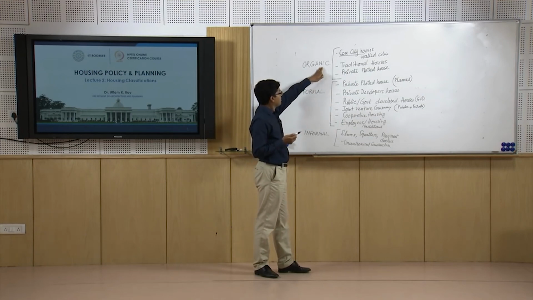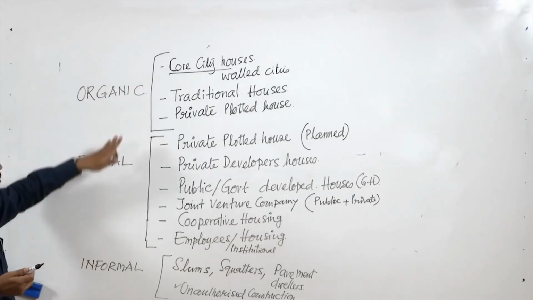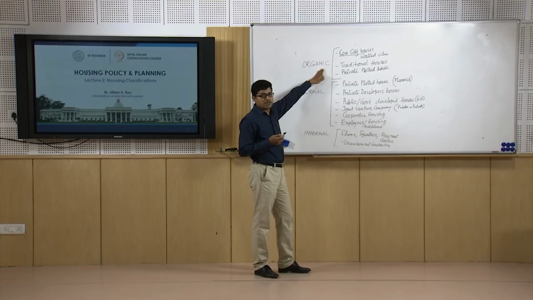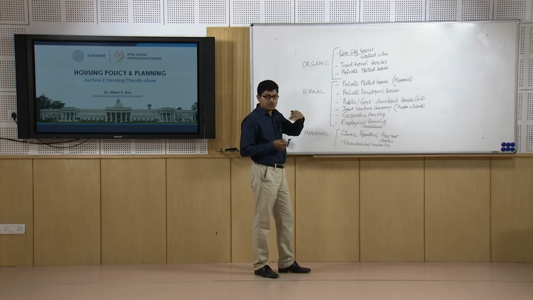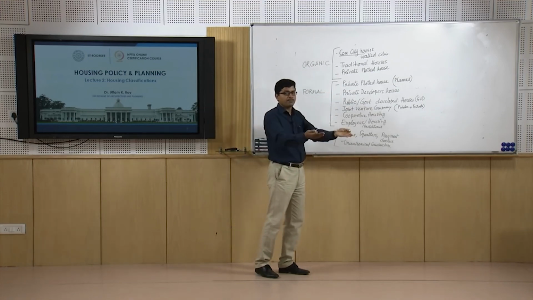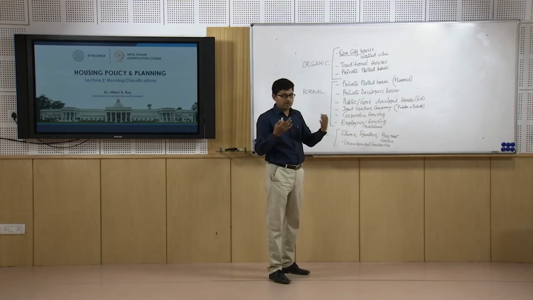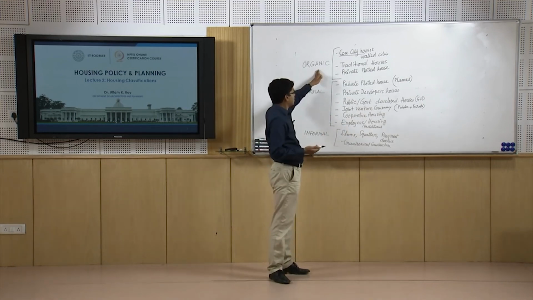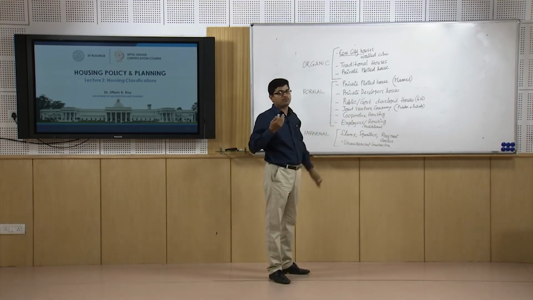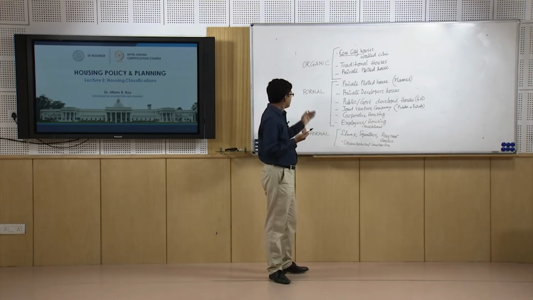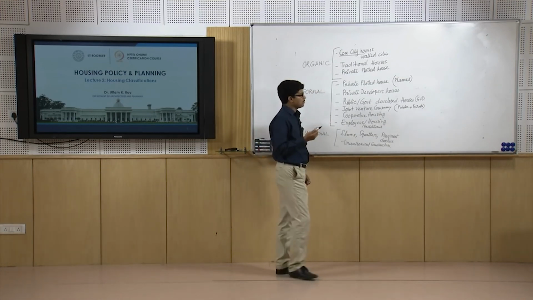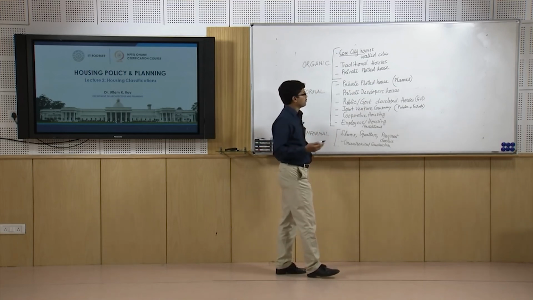And the difference between organic and informal is that organic settlements are basically not informal, they are formal, but they grow over time slowly, unlike formal houses, which are provided one time, two times, three times as a whole, as mass housing. Organic housing grows over a period of 100 years, 50 years spontaneously, but the formal house is given by the government or the private developer at one go. So that is the difference.